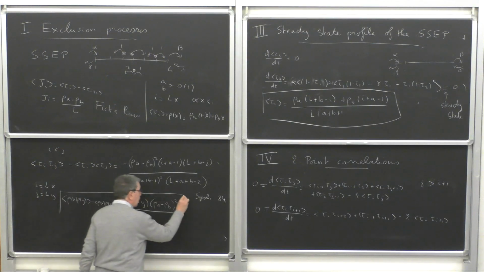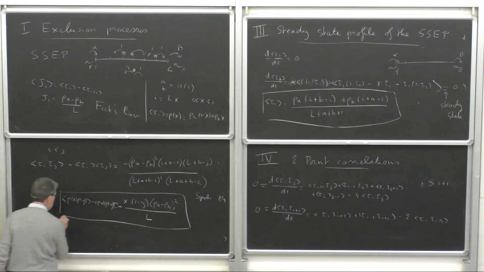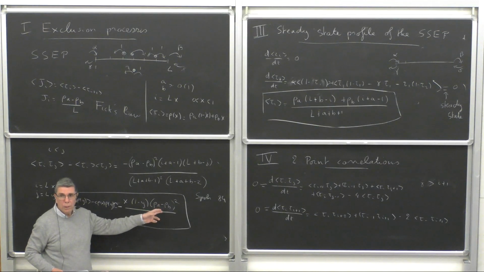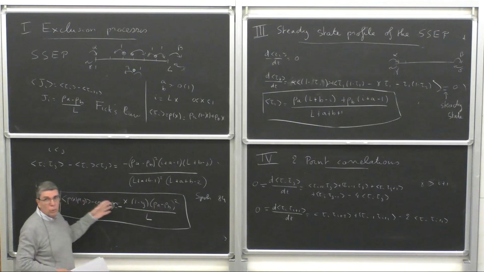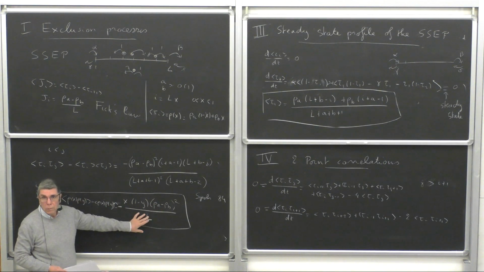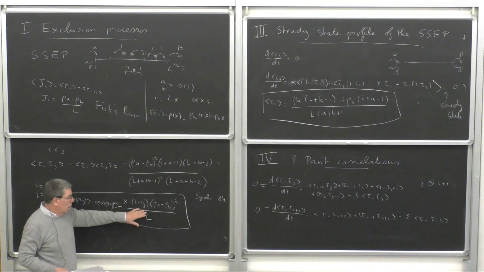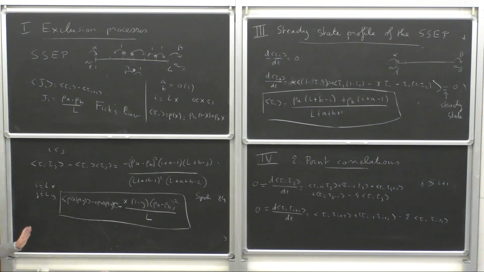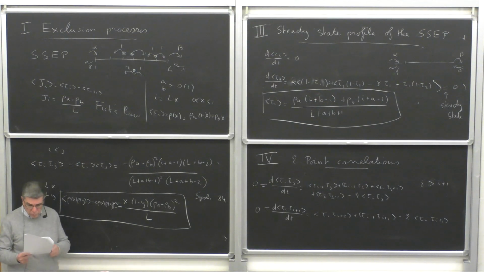But what is very important is that as soon as the system is out of equilibrium, that is rho A is different from rho B, you have correlations. If the densities are the same, the system would be at equilibrium, then there is no correlation, but there is this correlation.